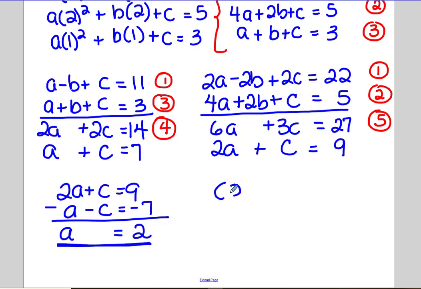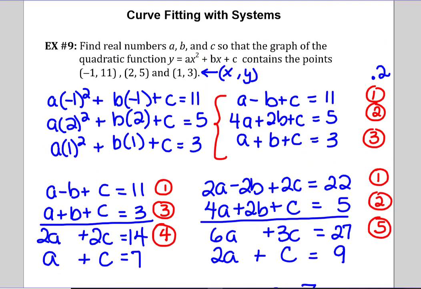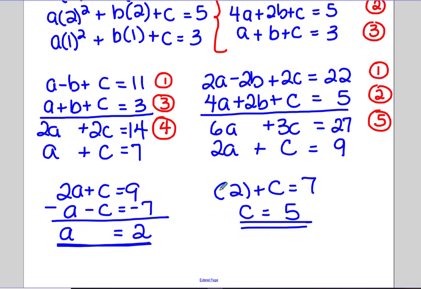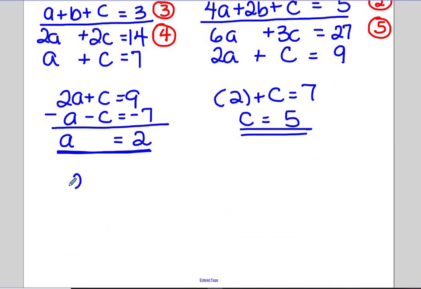And if a plus c equals 7, then c equals 5. And then let's look at the easiest equation that we started with. How about equation 3? A plus b plus c equals 3. So if a plus b plus c equals 3, then b equals negative 4.